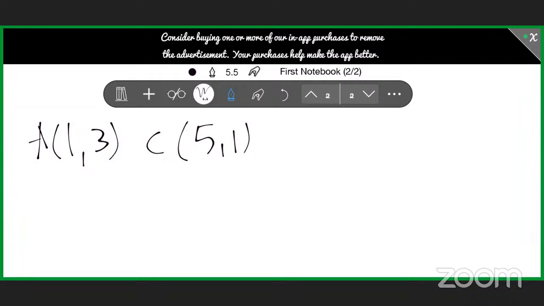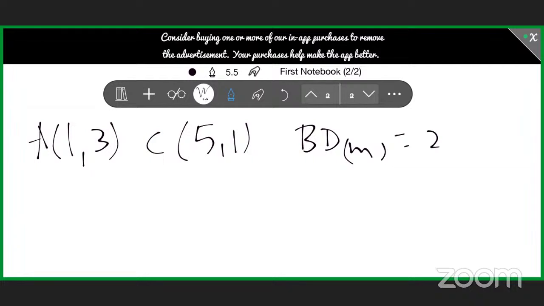The slope of BD is equal to 2. Find the equation of BD.